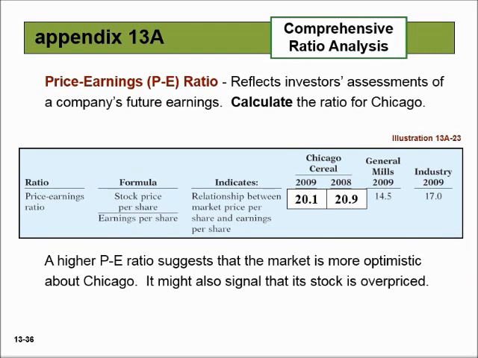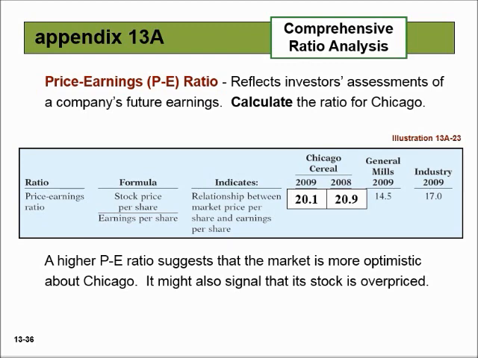Alright, then we have the price to earnings ratio, the PE ratio. That tells us what the shareholders think out there. It's our stock price per share divided by that number, earnings per share, that we just calculated. So stock price per share divided by the earnings per share. It's the relationship between the stock market and how much we made. So it's how much our stock is trading for compared to what we actually made.